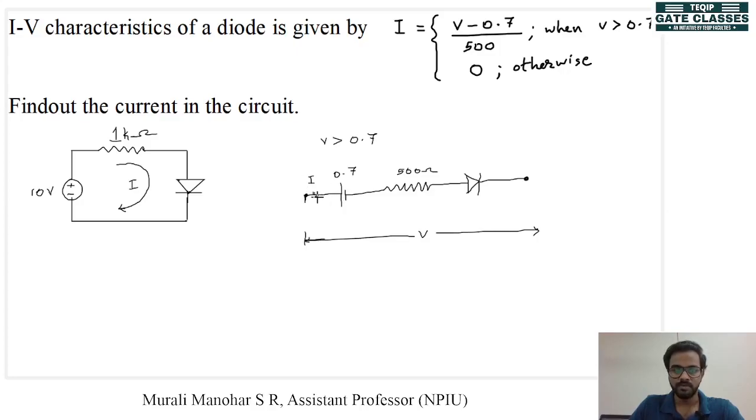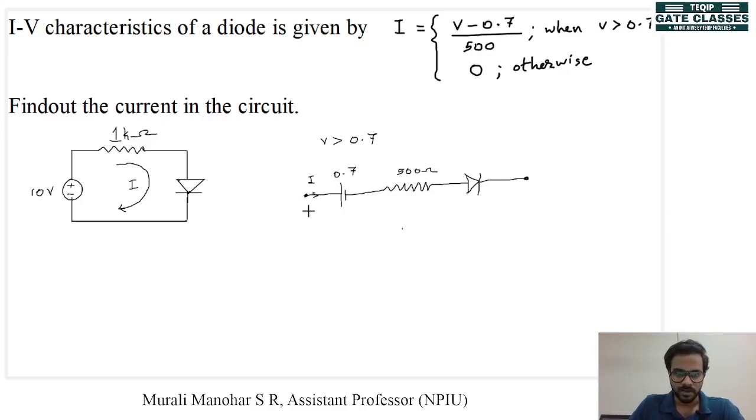When we apply V here, there is a flow of current I, and this I is given by (V minus 0.7) divided by 500. To show that this happens only after V is greater than 0.7, we have a diode here. Let me redraw.